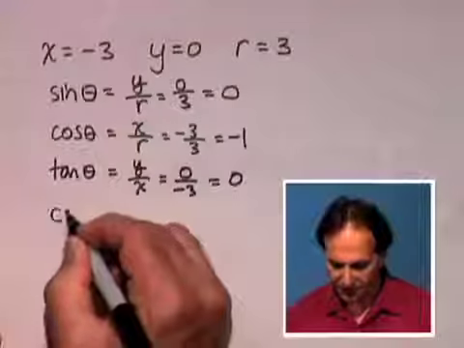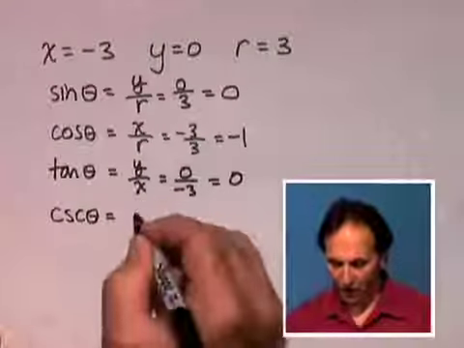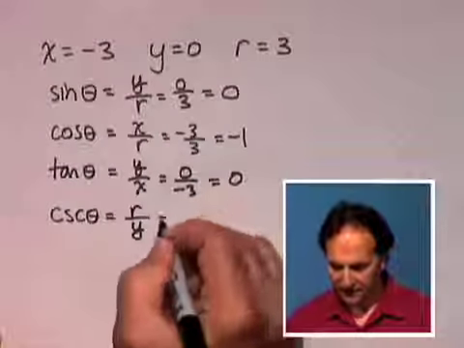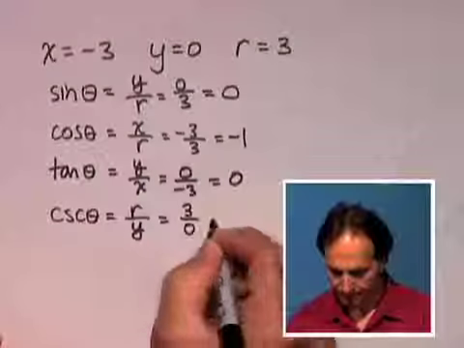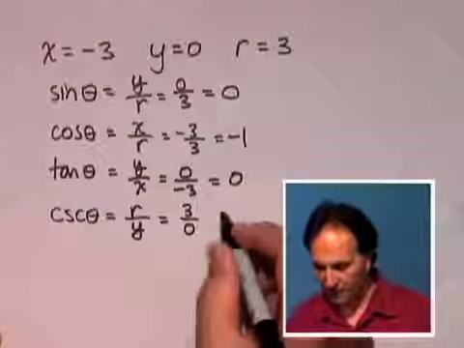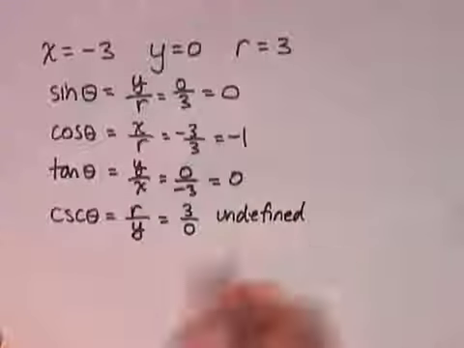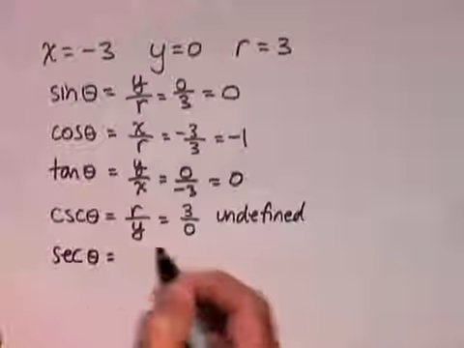Then cosecant theta, which is equal to r divided by y, so that would be 3 divided by 0. 3 divided by 0, of course, is undefined. Next, we'll find the secant of theta.